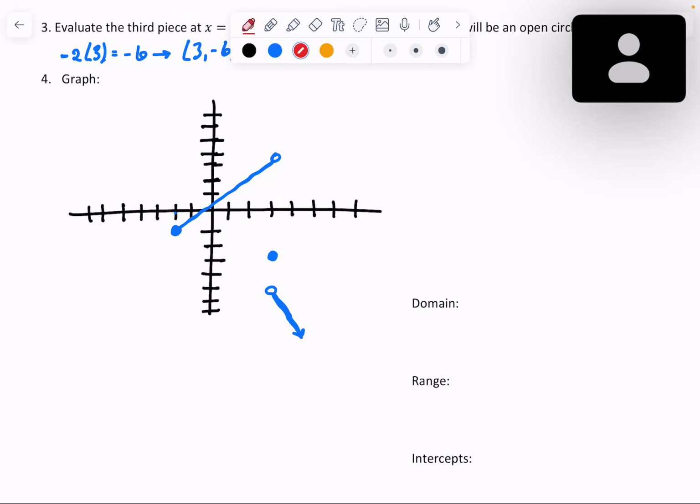If I look at the graph, it starts right here, right? This is the smallest value of x I can plug in. That's when x is -2. So the domain goes from -2, and if you look, I can plug in anything to the right of that, so it goes up to infinity. So the domain is from -2 to infinity.